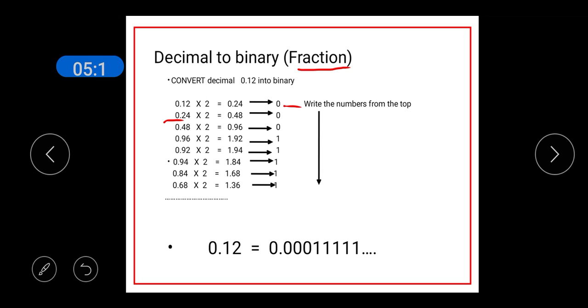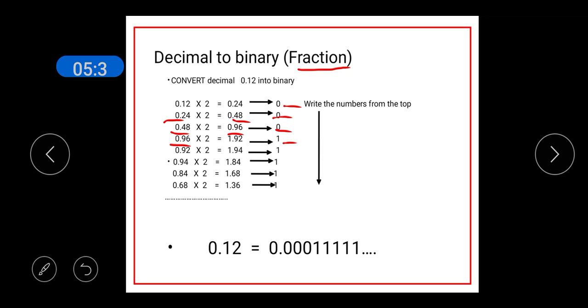It is multiplied by 2, we get 0.48. 0 is retained, 0.48 is taken to the other side, multiply it by 2, you get 0.96. Again 0 is retained, 0.96 is multiplied by 2, we get 1.92.